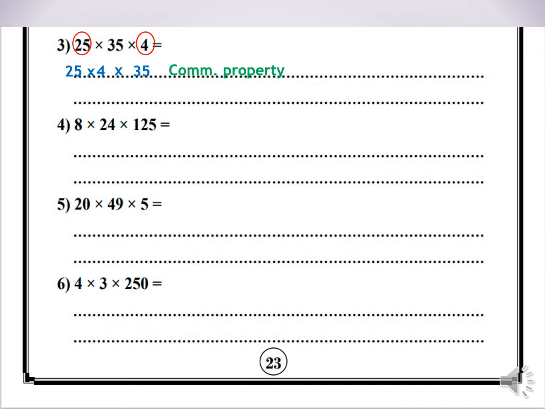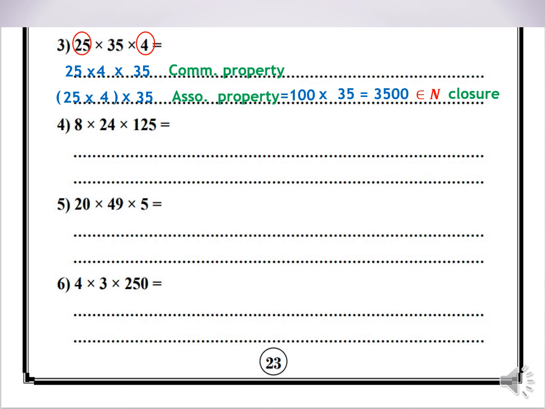Then 25 multiply 4, I will put them in the brackets, multiply 35. This is associative property. I will solve first 25 times 4, I know that it's equal to 100, so they are friends, times 35 equals 3,500, belongs to N, closure.